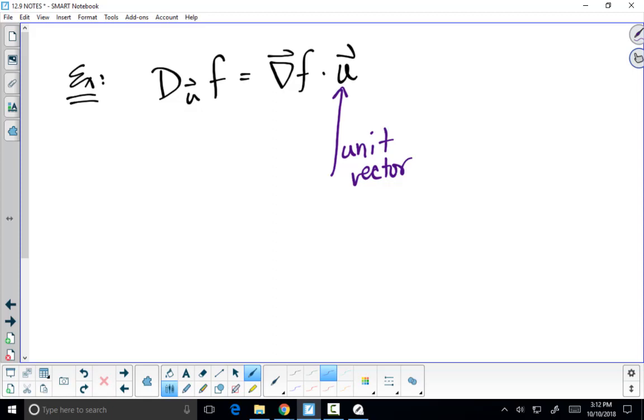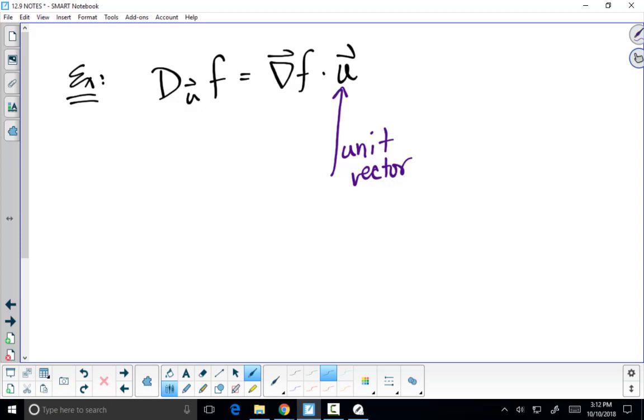Okay, so then in that section, there's going to be the steepest ascent and steepest descent type of thing. You'll be given a function, and it will say, find the direction of steepest ascent, find the direction of steepest descent, and calculate what the rate of change is in each of those directions. So we know that the gradient is the vector that points in the direction of steepest ascent.